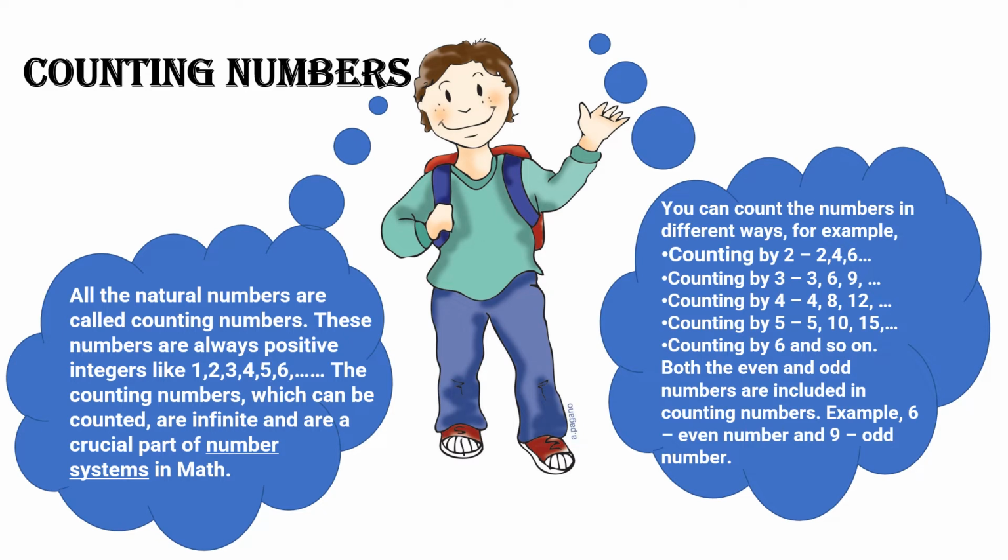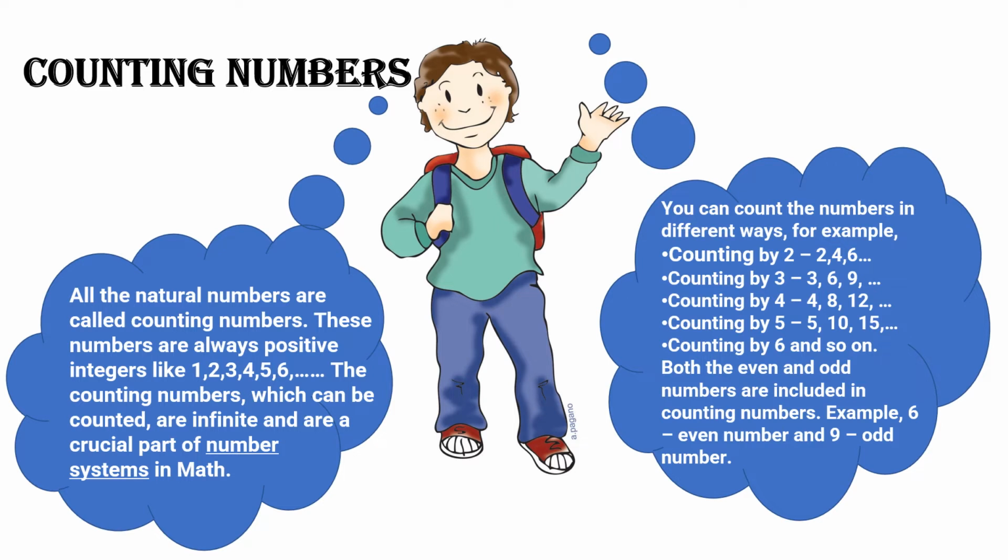You can count the numbers in different ways. For example, counting by twos. So, here we count in twos. For example, 2, 4, 6, 8, 10. Counting by threes. So, 3, 6, 9. We add 3. So, 9 plus 3 is 12. 12 plus 3, 15, and so on.